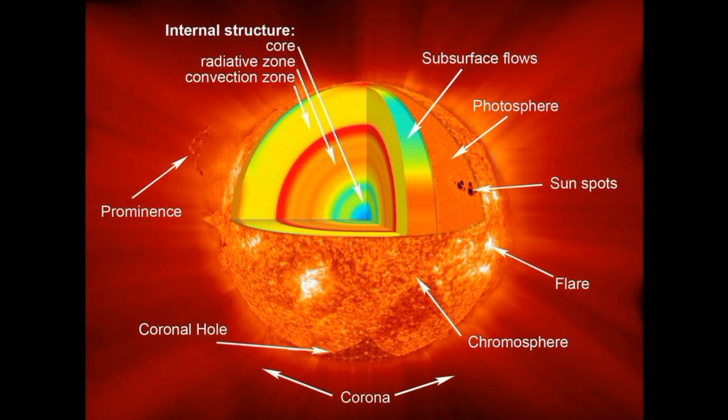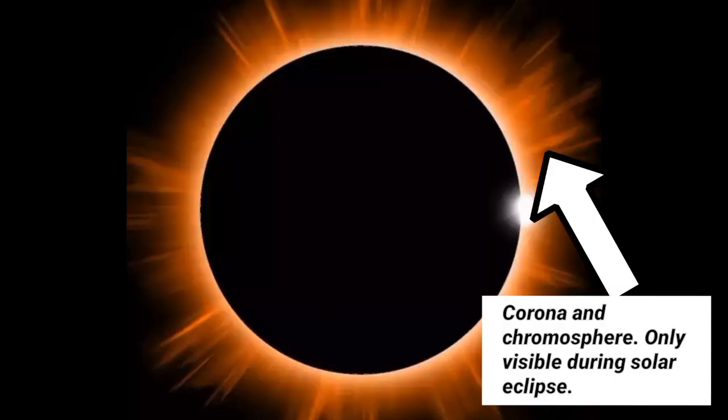In this outer layer, energy is transported by convection currents. Photosphere. The visible surface of the sun with temperatures around 10,000 degrees Fahrenheit, 5,500 degrees Celsius. The corona is the outermost part and can reach temperatures of several million degrees. Chromosphere and corona. Above the photosphere, these layers are visible during solar eclipses.